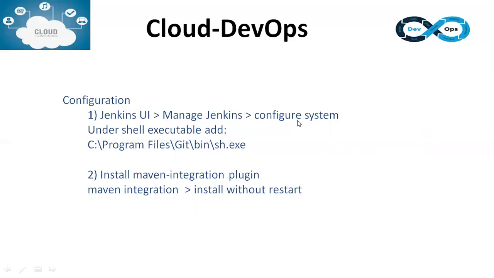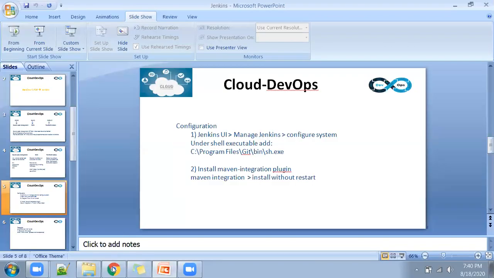From there, you can go to Configure System, and under the shell executable, you can add C program files, git, bin, sh.exe. In the same way, check where the sh.exe file is on your local machine and give the corresponding path. The second option is you have to install the Maven integration plugin in Jenkins. Now I will show you how to do that.